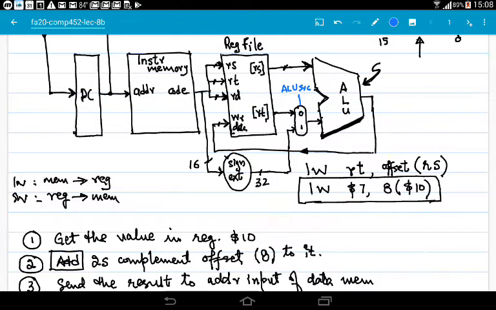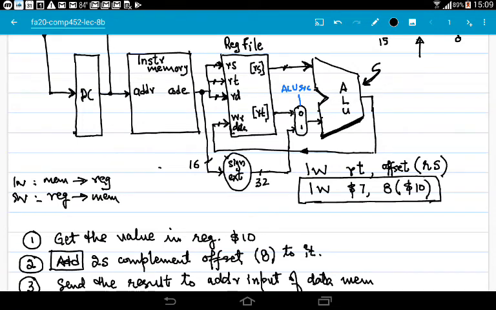So we send the lower 16 bits of the instruction code to the sign extender circuit. It produces a 32-bit number preserving the sign of the input number. This goes to the lower input of the ALU source mux.